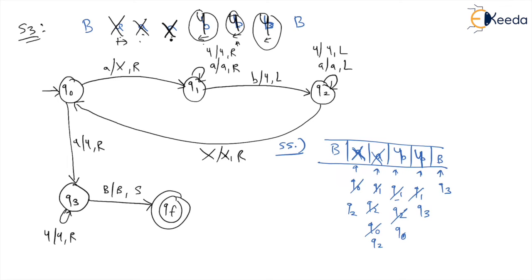However, if in state Q3 I am receiving a blank over here, I will keep the blank as blank and go to the final state. And with this, we can say that the input will be accepted by the machine.